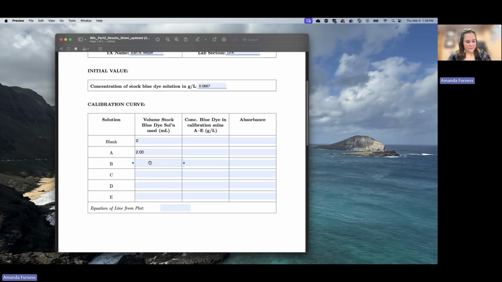We added 5.00. Notice I'm using 2 decimal points because the volumetric pipettes should have 2 decimal points of accuracy on them. Then we have 10.00, 15.00, and 20.00.